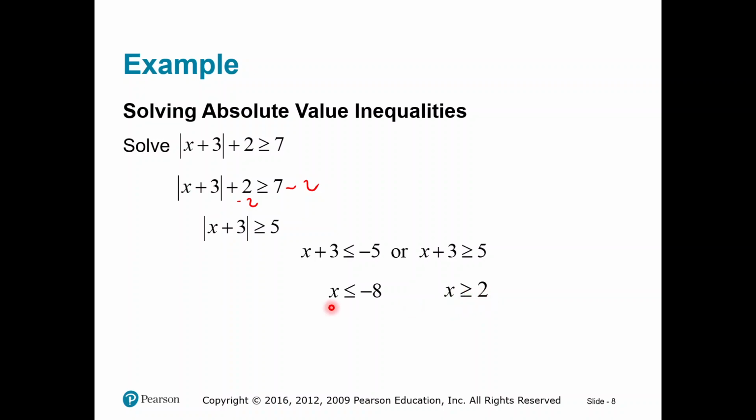And now let's graph them. Let's graph these two one by one. Less than negative 8 on the left side. Bigger than positive 2 is on the right side. Because we have equal, then we use our closed circle.